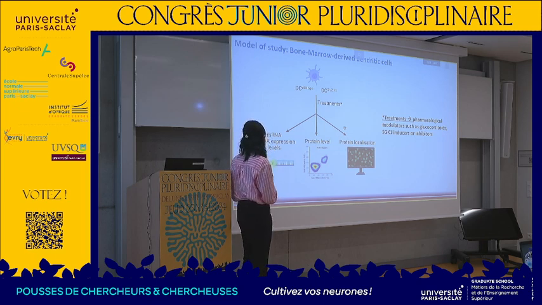Then I'll be quantifying the gene expression level by quantifying the messenger RNA, and the protein level of the respective proteins, GILs, SGK1, and ORI1, and I'll be looking at their localization using microscopy as well.